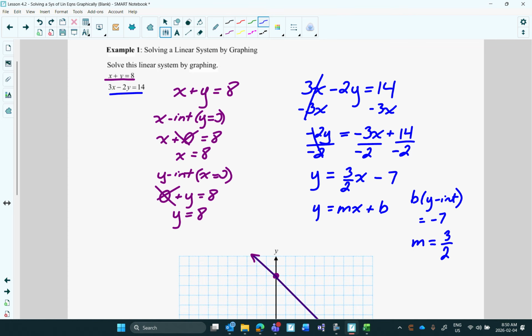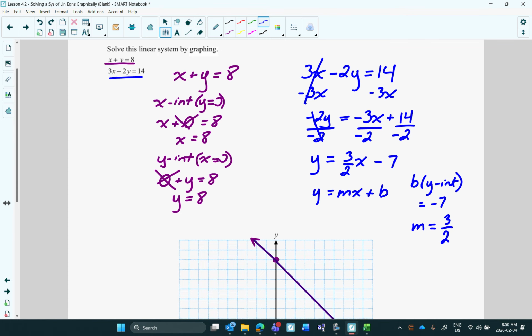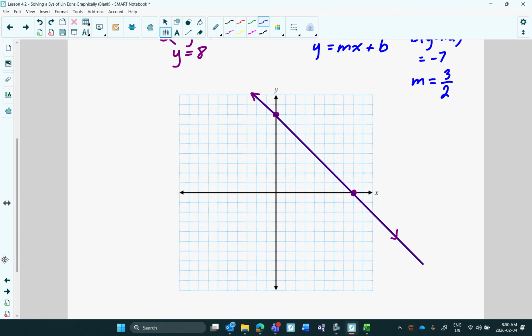So we should be familiar with how to graph that. Plot the y-intercept. Use the slope to count out a second point. Okay. So we plot the y-intercept of -7. So we're going down 7. 1, 2, 3, 4, 5, 6, 7. And then from here, use the slope.